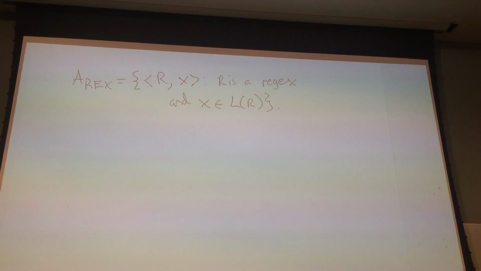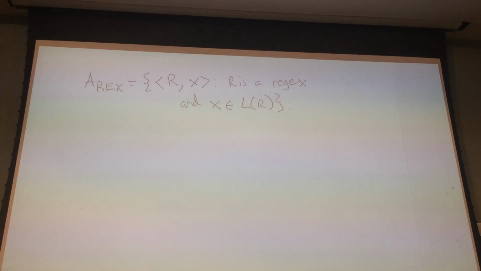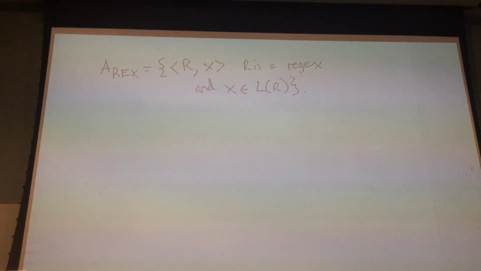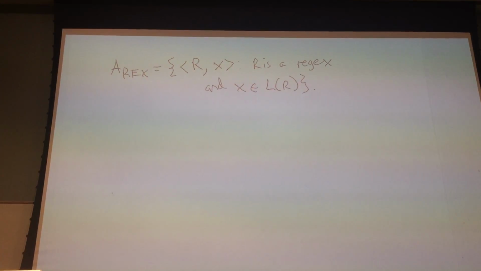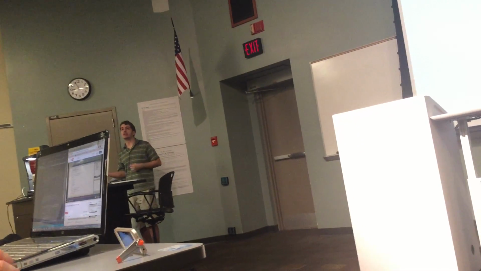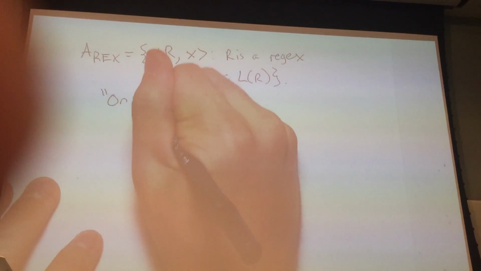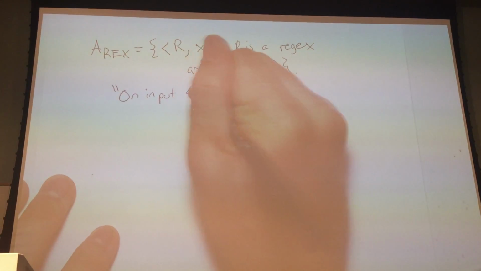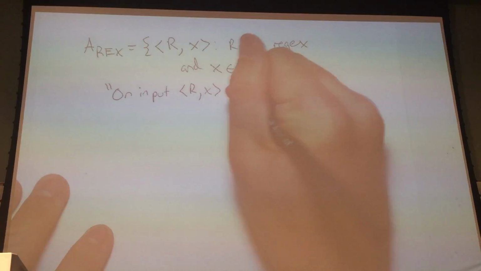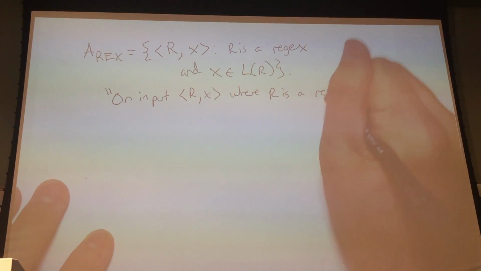So, what do you think I can do now? I don't have a machine anymore. We have that way of converting back and forth between regular expressions and NFAs. And that was an algorithm, so we can actually make the conversion. So let's do our high-level description again. So on input Rx, where R is a regex.